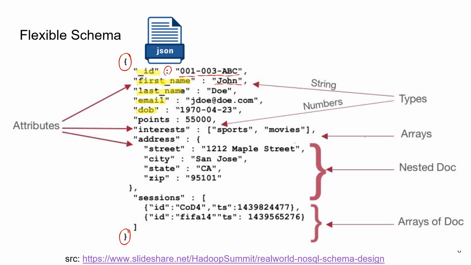What you can see from here is that different values can have different data types. The first and the second, and many of these in this example, are string data types. While the value 1000 for the attribute points is a number, following the number data type.